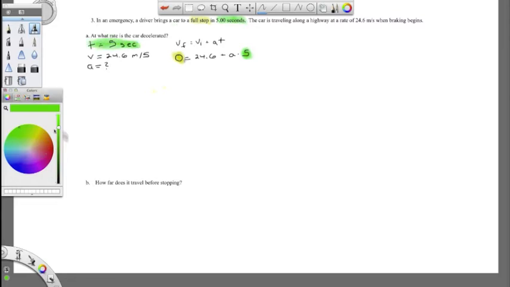And we got our initial velocity, which is 24.6 meters per second, because it was going at a rate of 24.6 meters per second when the braking began. Now, I forgot to write one given, and our final velocity is 0.